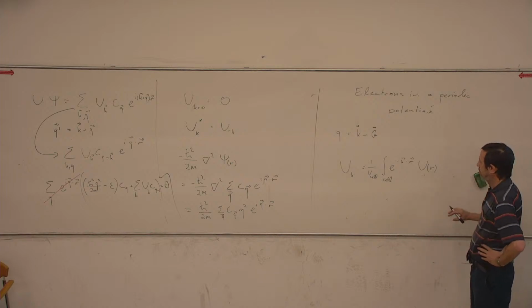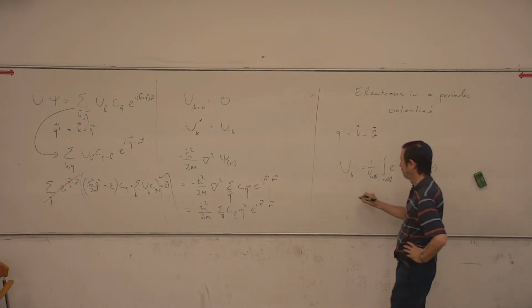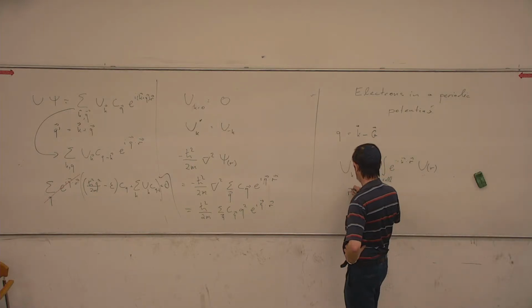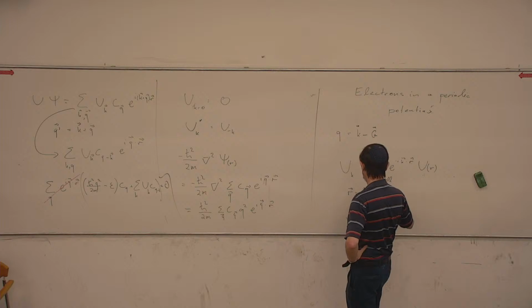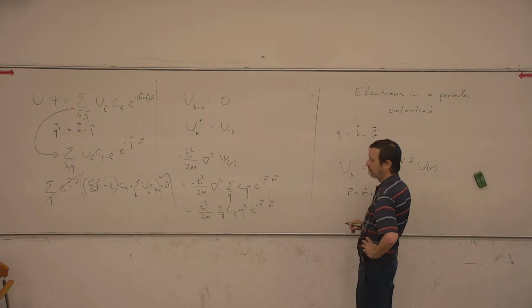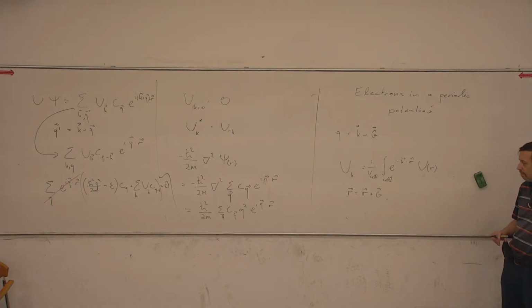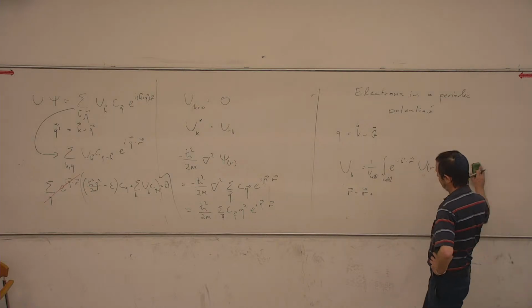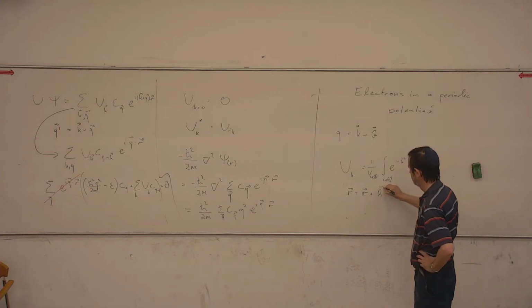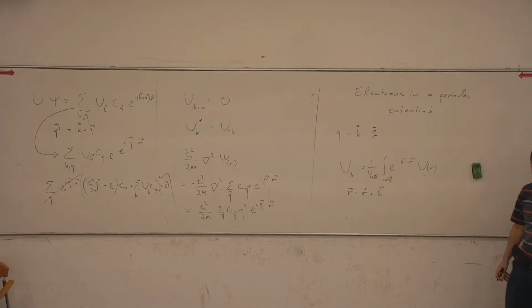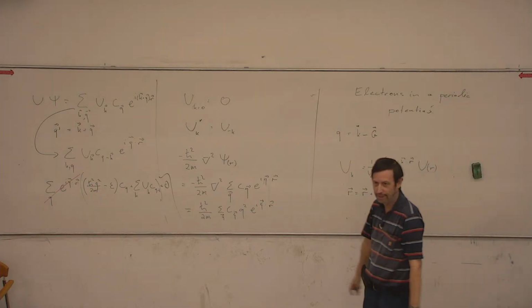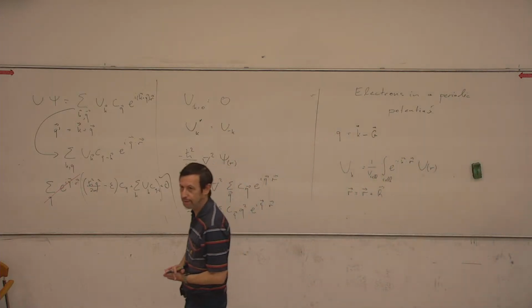What will happen? Everything must stay the same. The fact that I'm integrating on one cell or another cell shouldn't make any difference, right?